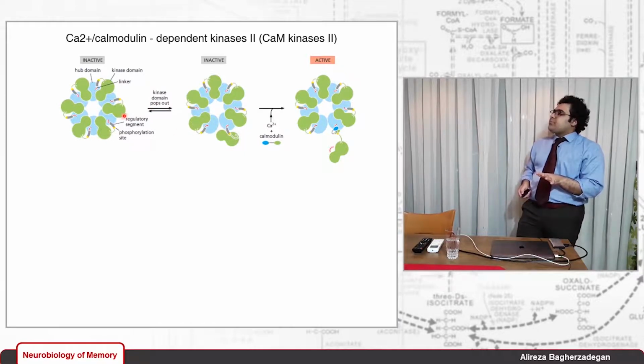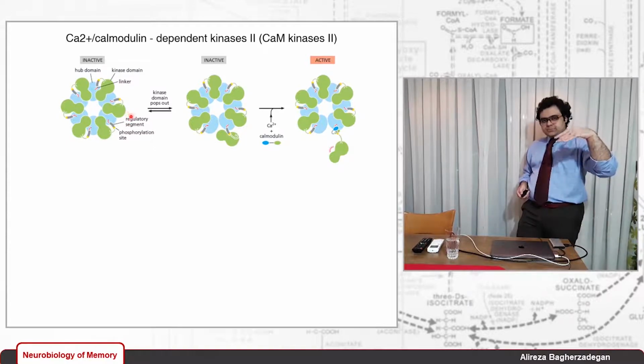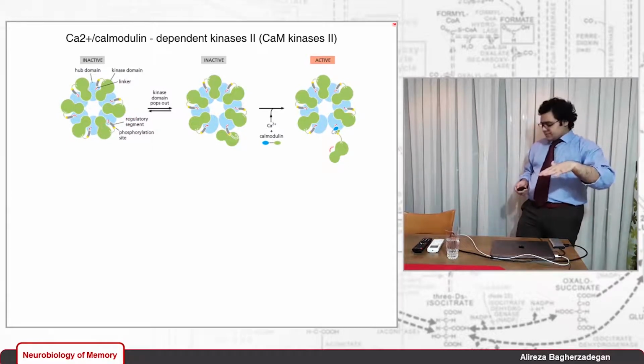The regulatory segment sometimes is buried in the kinase active site, but sometimes one of these kinase enzymes actually pops out, and when it pops out, its regulatory segment is available for the calcium calmodulin.